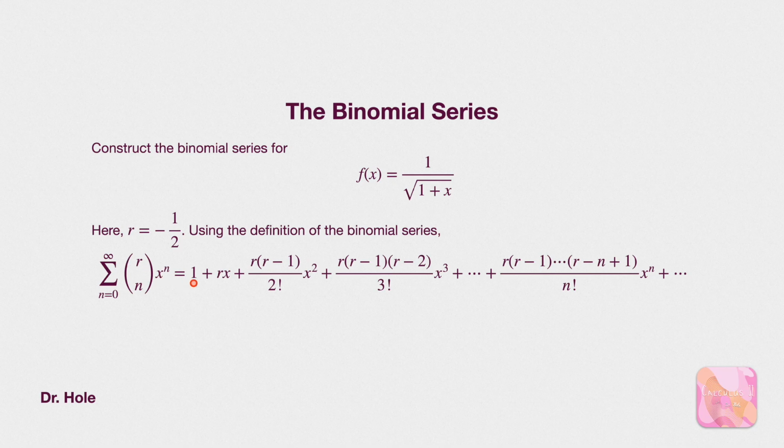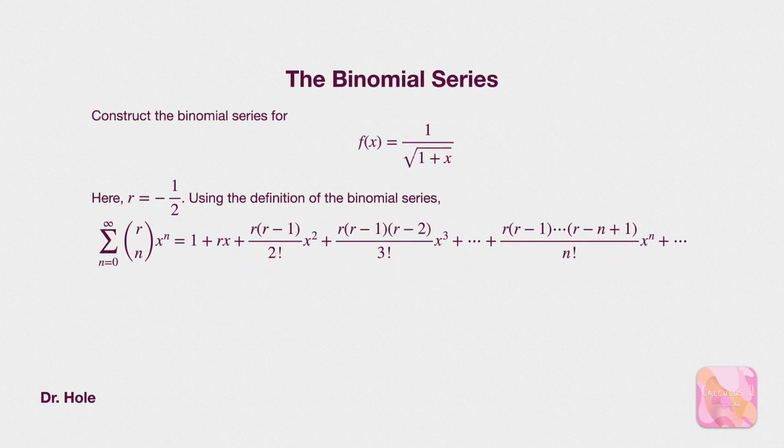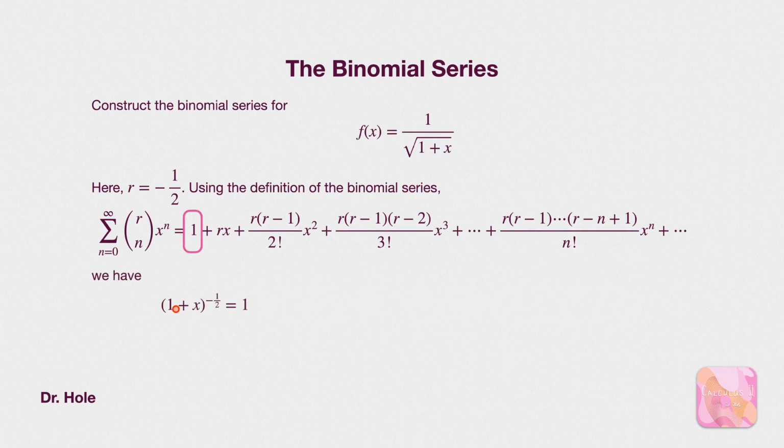Recall that the binomial series begins at 1, and then you add in r times x. That's the linear term. The quadratic term is r product r minus 1 over 2 factorial, etc. Let's do that explicitly. So for our function f of x, it's 1 plus x quantity to the r equaling -1/2. And the very first term will be 1.